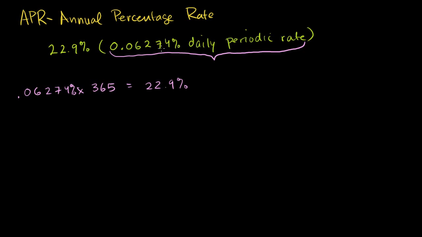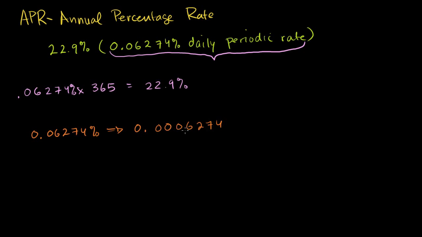So let me write this as a decimal. 0.06274% as a decimal is 0.0006274. 1% is 0.01, so 0.06% is 0.0006 as a decimal.